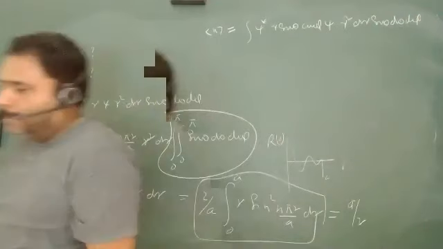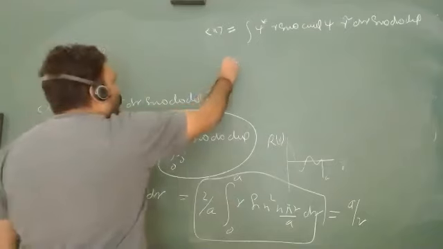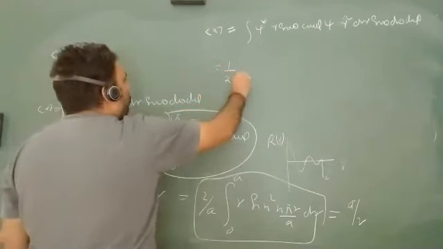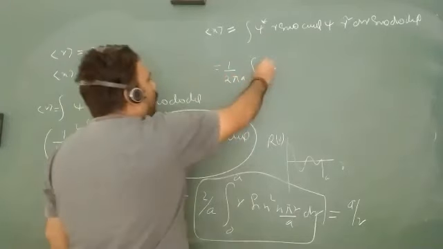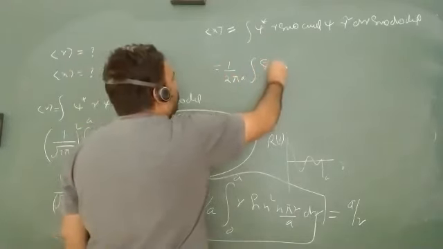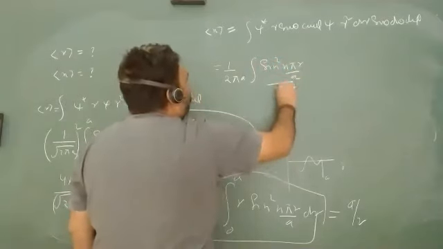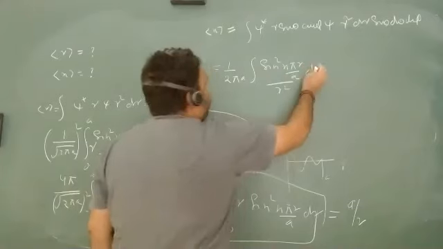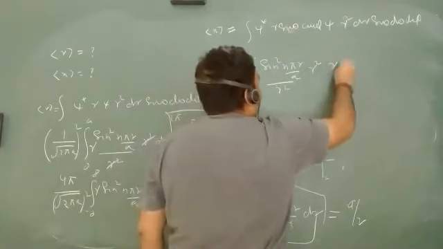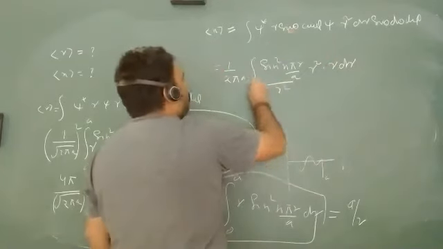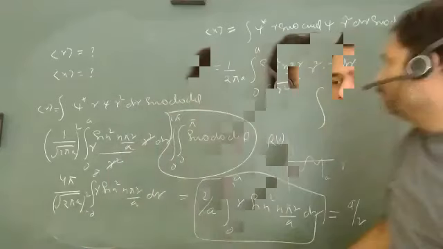Okay, so let's go for this. What will happen? You have 1 upon 2 pi a, because both psi will give you a square term, and here you have sine square n pi r upon a by r square, and r square and 1 r is there, so there is 1 r dr, and this is 0 to a. Another integration is all of the angular part.